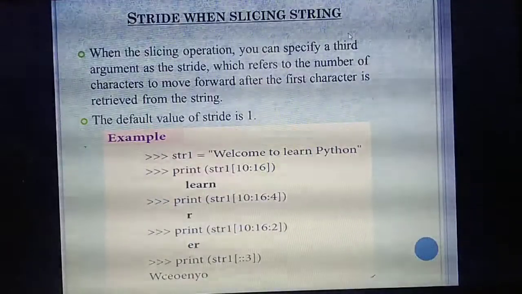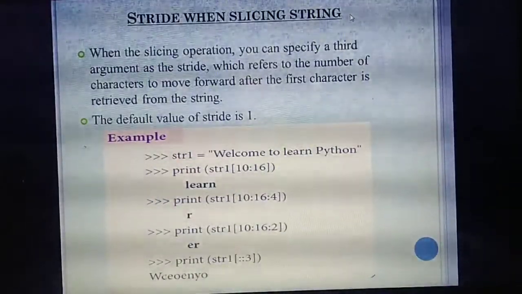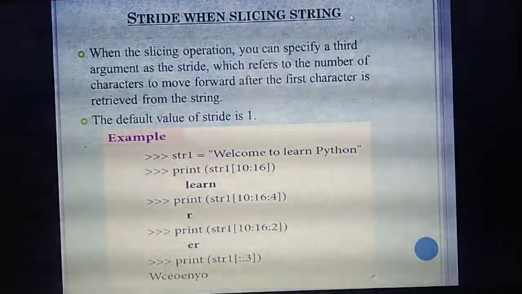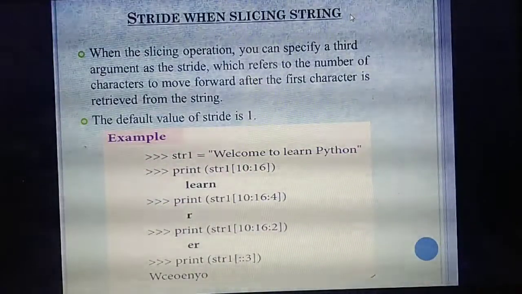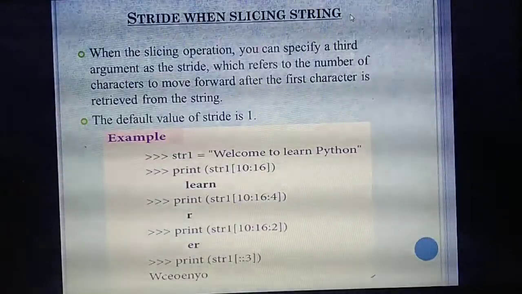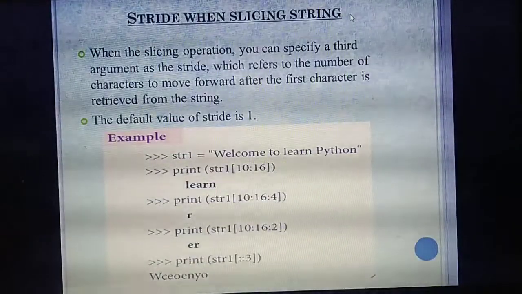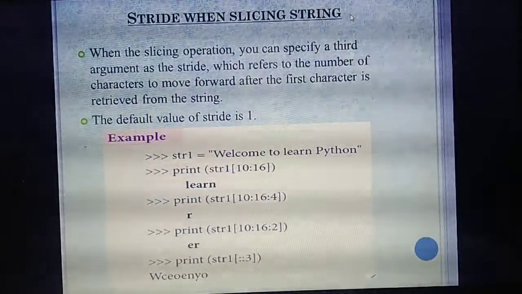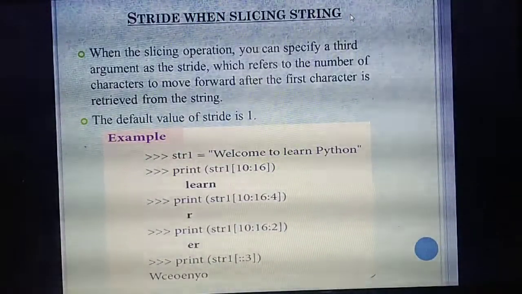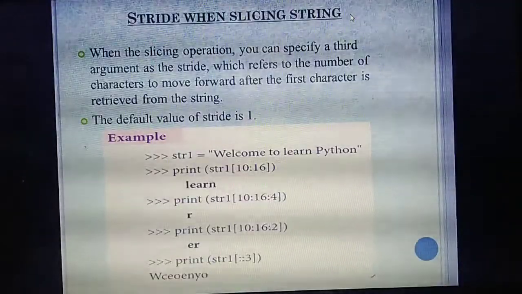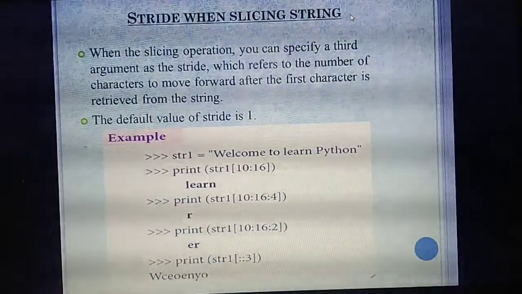In a slicing operation, you specify an extra or third argument, which we call a stride. You can specify some index value, and after that index value it moves forward. It is not only from the first or last; in any place you can slice, and that is called stride.